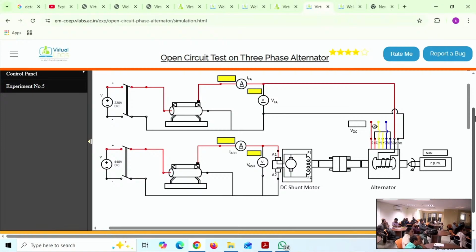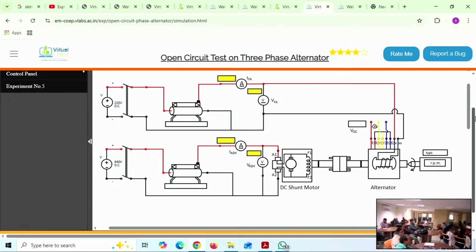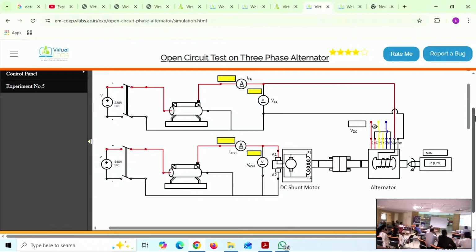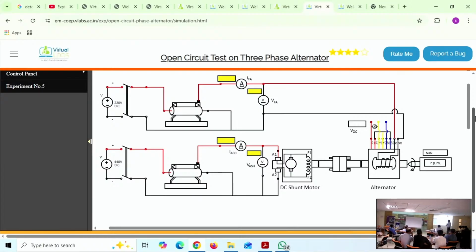After that, field excitation should be given in steps first. Not directly will we give 220 volt excitation, as it would suddenly give the full open circuit voltage. One by one we will take. Why? To take readings. Start from a lesser value.